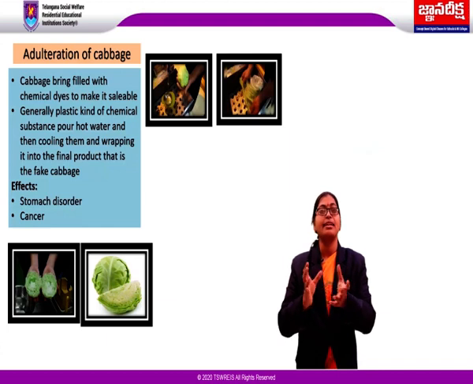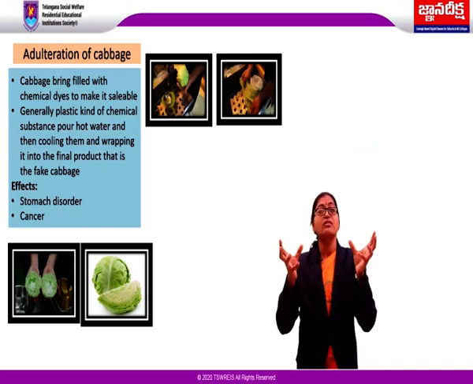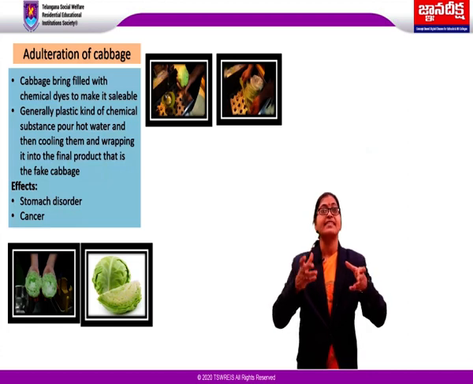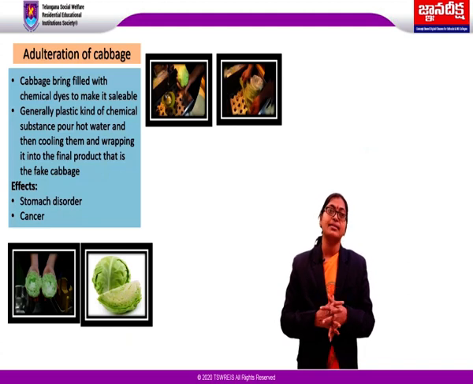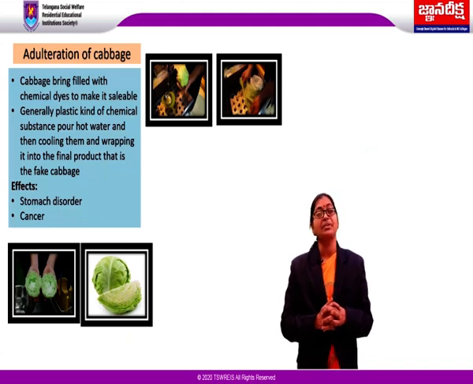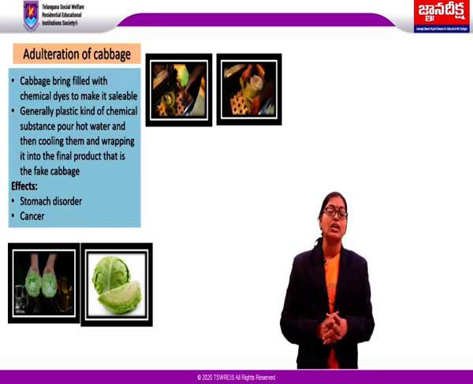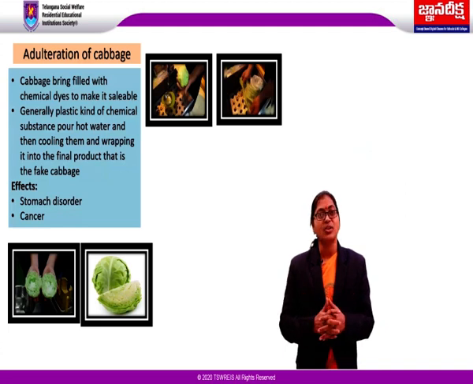When we cut that final product into two pieces, it looks like a real cabbage, but it's not real. This is the end product, a fake cabbage. So what bad effects will happen if we consume adulterated or fake cabbages in our daily diet? We are going to suffer with stomach disorders and cancer also.